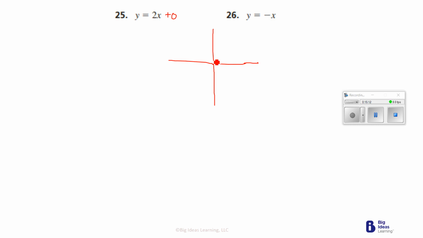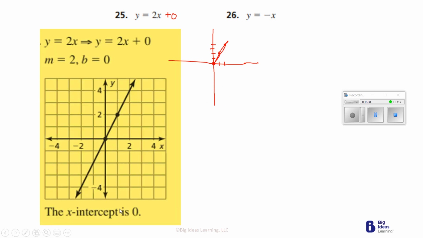So that means I'm going to go up 2 and over 1, up 2 and over 1 again. So this could be going to here. Obviously, my x-intercept is at 0 because it's going through the origin. Up 2 and over 1, up 2 and over 1.